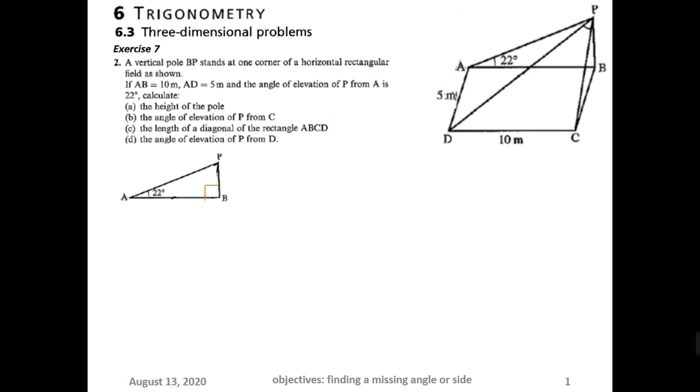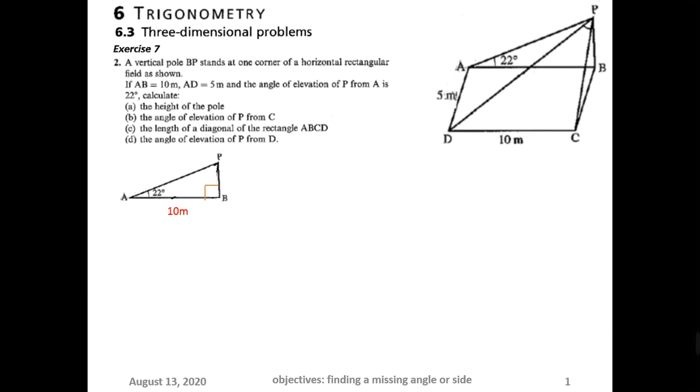So in this triangle, that's my right angle, PBA or ABP. Remember when we used to name any angle using three letters. This is given to us, AB, as 10 meters, and what is unknown here is PB.